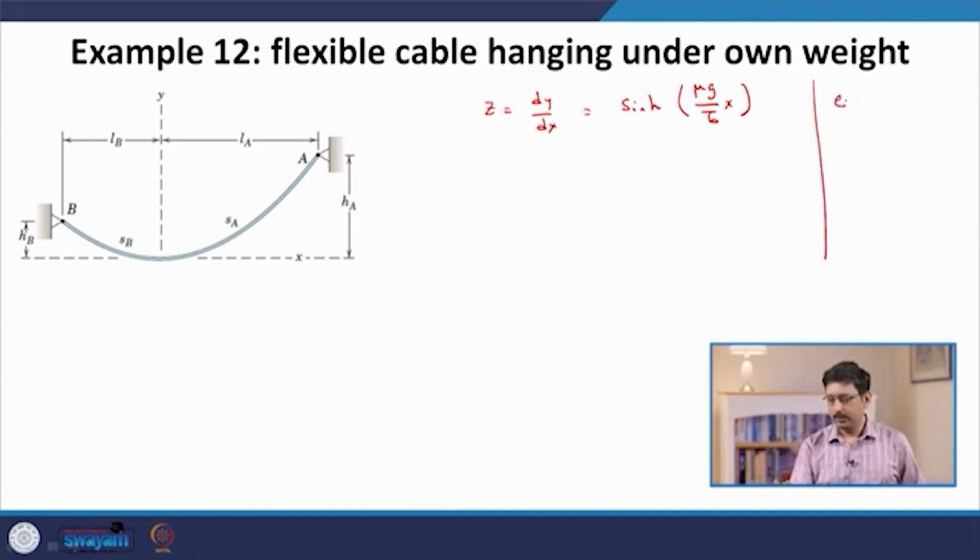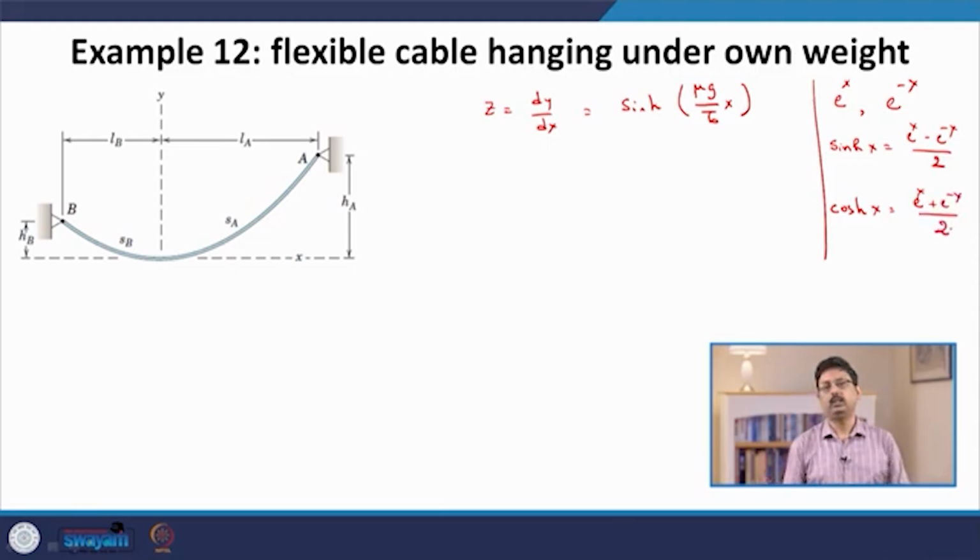So, we have this exponential function e to the power x and e to the power minus x. Then we can have two combinations. One combination is if you take the difference, and the other combination is if you take the sum, the average.